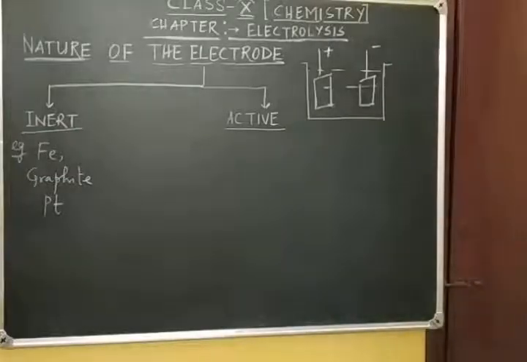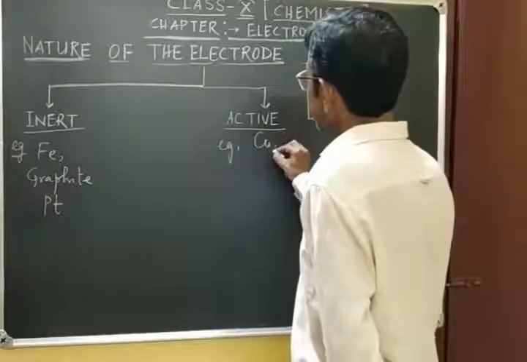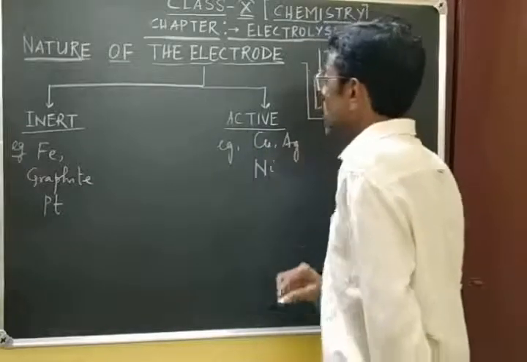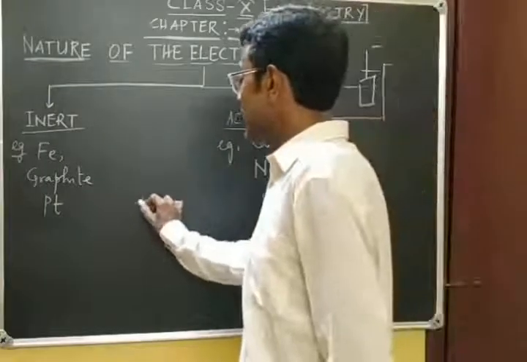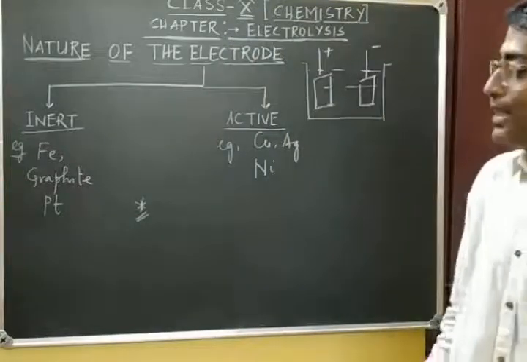Examples of active electrodes are copper, nickel, silver, etc. Remember, there is one more electrode, which I am giving you for your knowledge. It's called the hydrogen electrode.